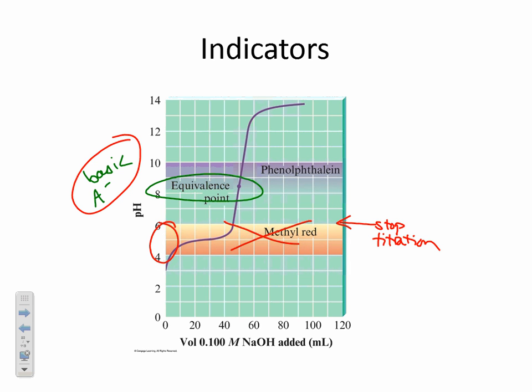Versus phenolphthalein, which does have a color change in the basic range, so it will indicate to us that we have hit a basic pH, one that is relatively close to what the pH of our equivalence point should be. So it's a much better indicator to use. You want to pick an indicator that actually indicates around your equivalence point pH.